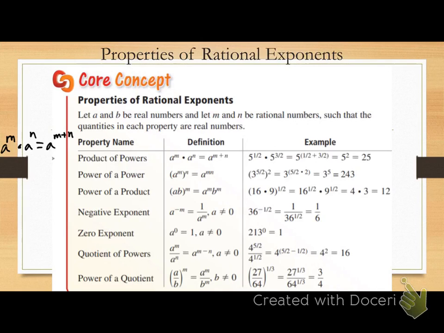Power of a power, so a power raised to another power. Here we have a to the m raised to the n power. What I can do with those is I can multiply the exponents. So a to the m to the n would be a to the m times n.